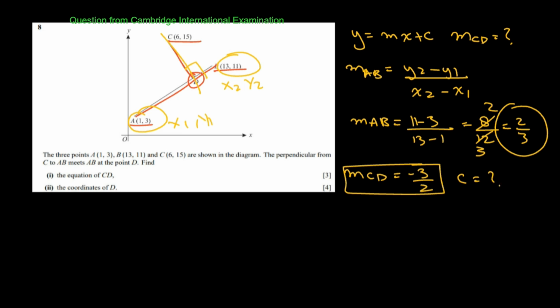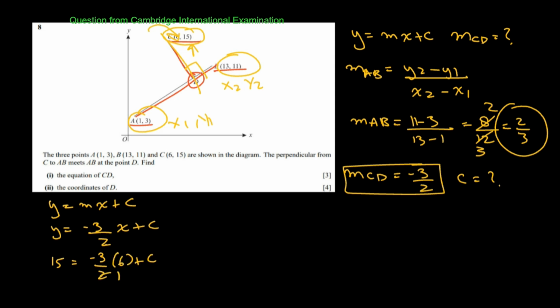Now we need to find the value of the y-intercept. So to find the y-intercept of CD, we need to substitute (6, 15) for x and y. So the equation of line CD is y equals mx plus c, where m is negative 3 over 2. So y equals negative 3 over 2x plus c. Now for y, I'll substitute 15, and for x, I'll substitute 6. Negative 3 over 2 times 6, plus c. 2 ones are 2 and 2 threes are 6.